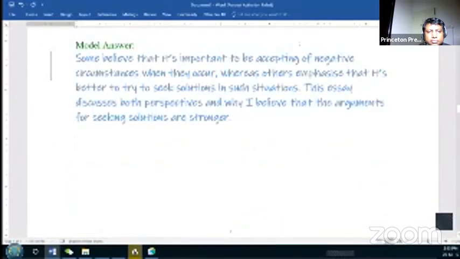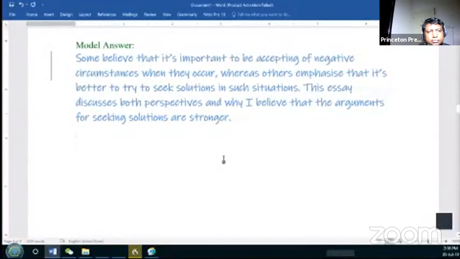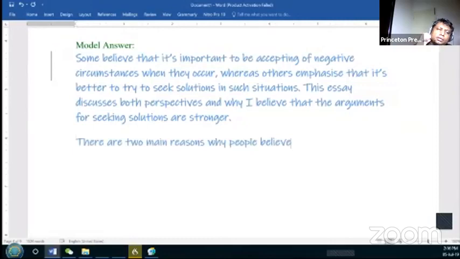Now we want to begin the first body paragraph, which is going to be about the first perspective of being accepting of circumstances. We want to start off with a sentence that signals this to the reader so that the reader knows what the paragraph is about. There are two main reasons why people believe that we must be accepting of bad circumstances.